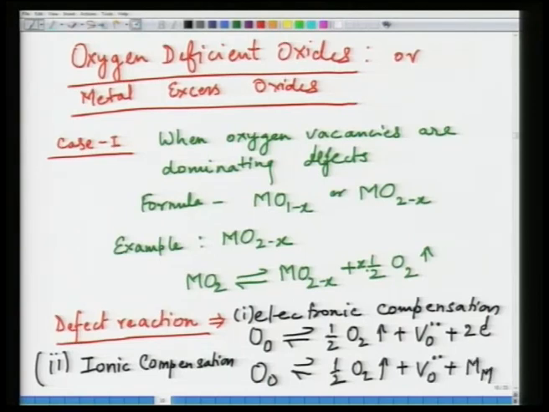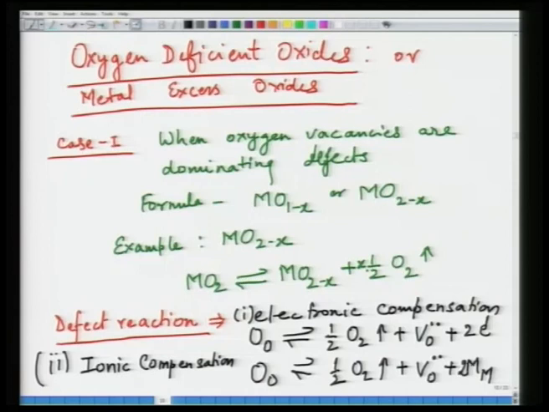Now, in this case you have plus 4 metal ion. So, either the plus 4 metal ion becomes plus 2, or 2 plus 4 sites become plus 3, which means I can write this as 2 M' (M prime), which in this case means reduction from plus 4 state to plus 3 state, or it can also mean M'' (M double prime), which means reduction from +4 to +2 state.